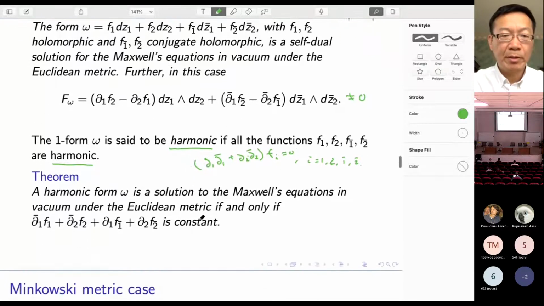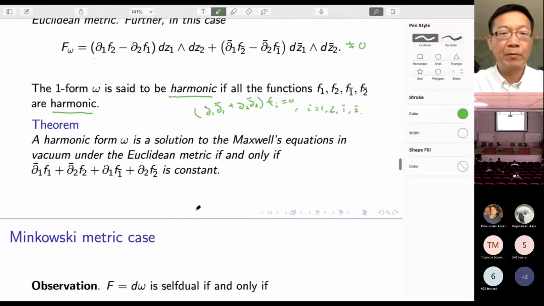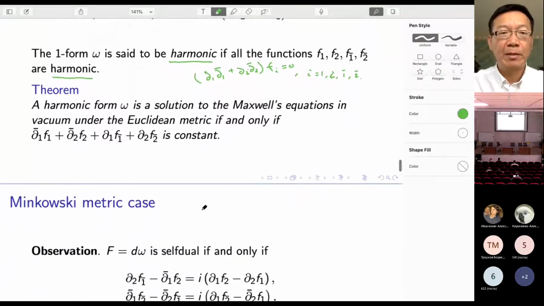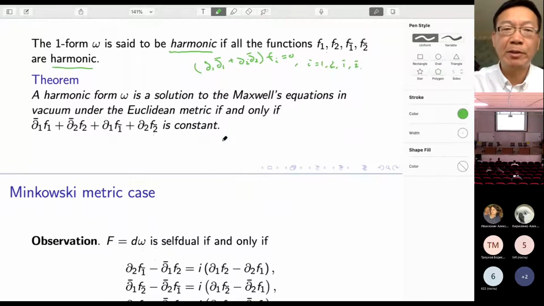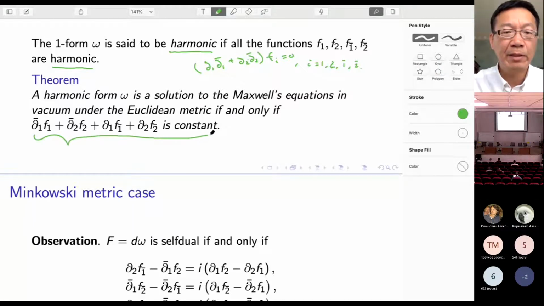So then the theorem is that a harmonic form omega is a solution to the Maxwell's equations in vacuum under the Euclidean metric if and only if this is a constant. This is a constant. In physics, this is the so-called Lorentz gauge condition.